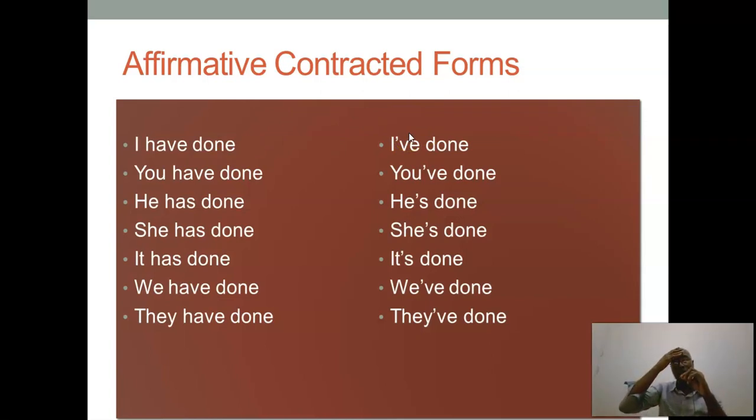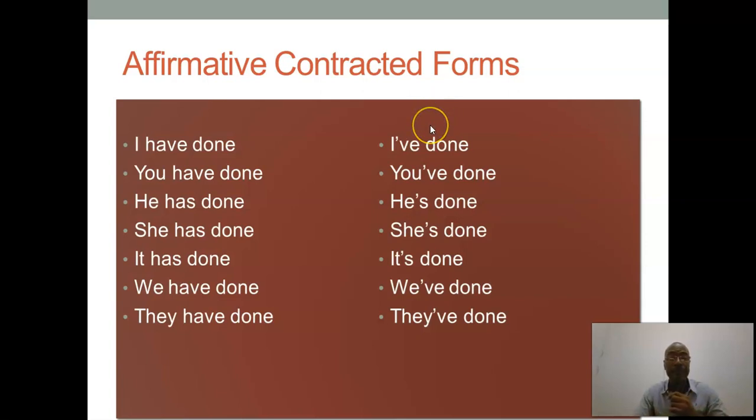If you touch your throat while you pronounce it, I've, you should feel a little vibration. Try to touch your throat while saying it, and you will see that your throat vibrates. I've done. So if your throat vibrates, you know you're pronouncing it correctly.